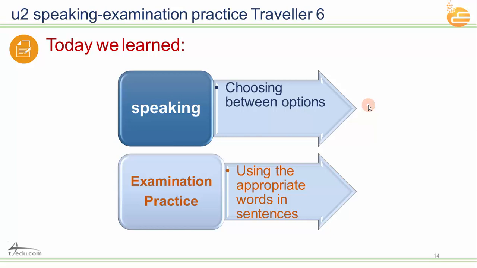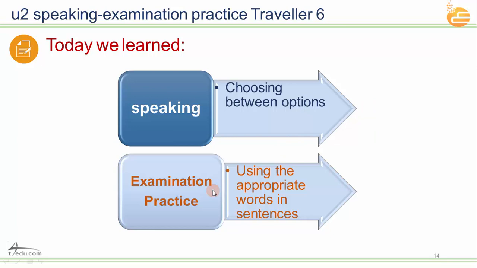So this is how we reach our decision. Whether you choose the far right or the far left, or you stay in the middle, you have to form an opinion, defend it, support it with examples, and be convincing. That is how we choose between options and be convincing to others.